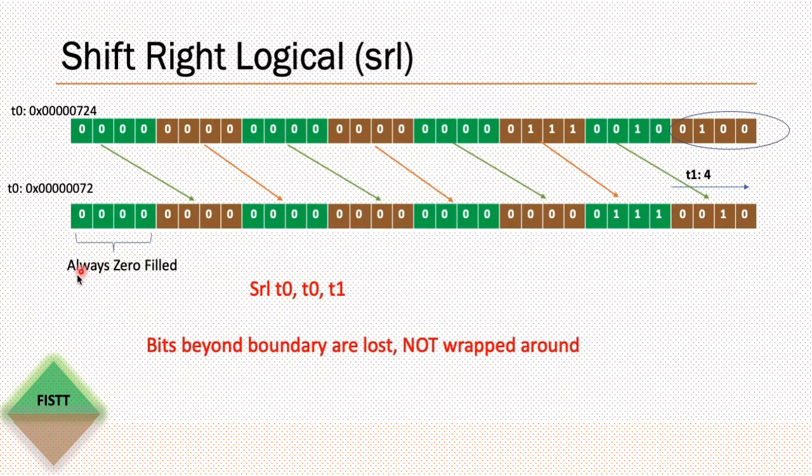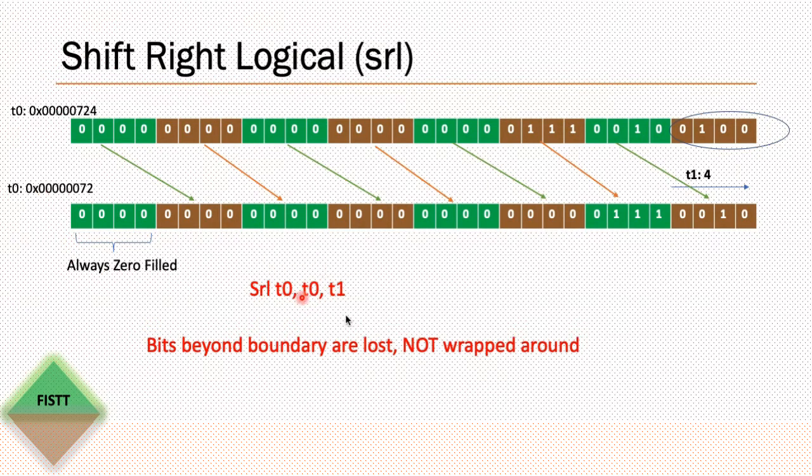Now let's see the shift right logical. It's almost the same, except that the bit positions are shifted to the right. This is the syntax: shift right logical, destination register, operand 1 and operand 2 registers.